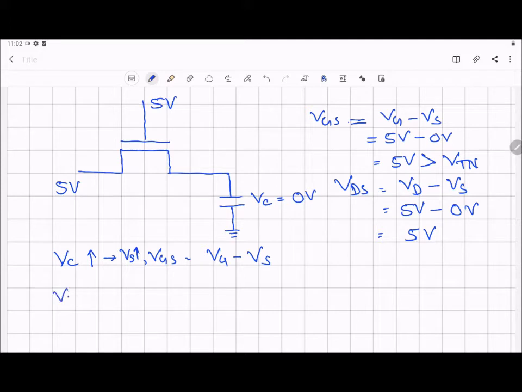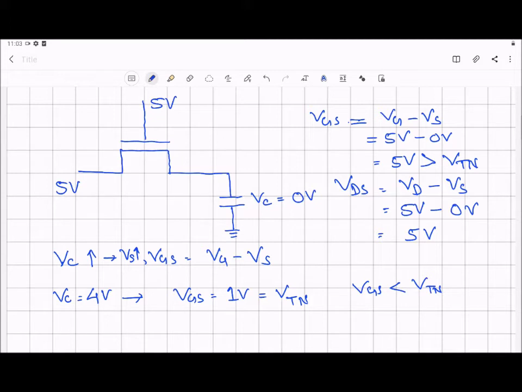So let us assume that the voltage across the capacitor is 4 volt. So VC is equal to 4 volt. Now for this particular condition, the value of VGS is equal to 1 volt, which is exactly equal to threshold voltage VTN.